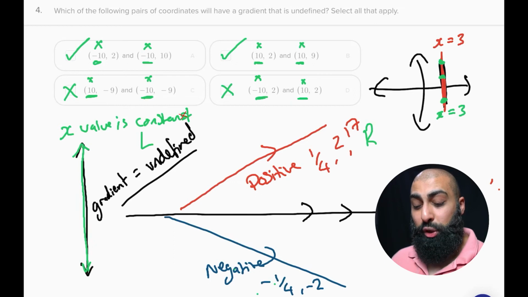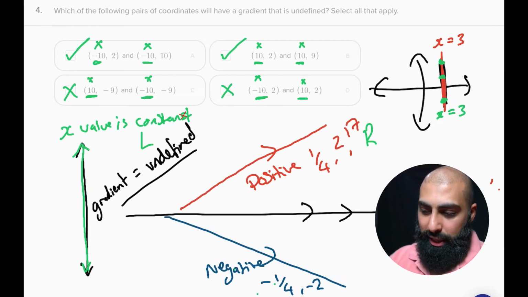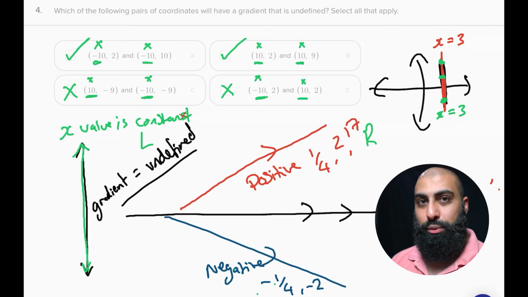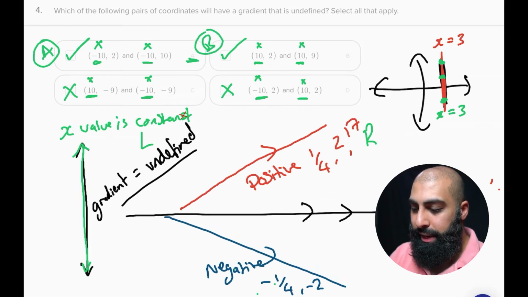At this point, make a note that if the x value is constant, we have a gradient which is undefined. But let's double check that using the gradient formula. So pause if you want to, because I'm going to clear this out, and then I'm going to check. Let's call this A and B, A there and B there.